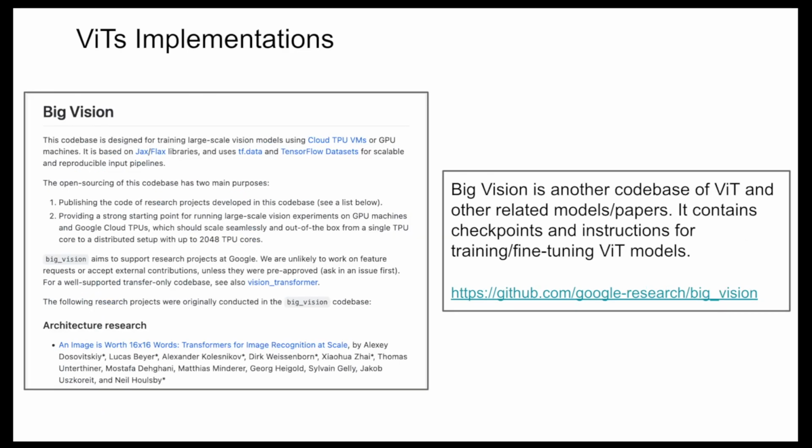Another popular implementation is Big Vision. I think Big Vision is a new code base for training ViT and related models and papers. It's maintained by the same team which introduced the paper. The repository also contains checkpoints and instructions for training and fine-tuning ViT models. This is also in JAX and Flax.